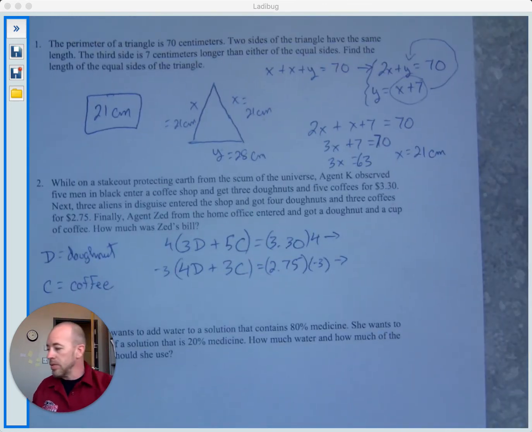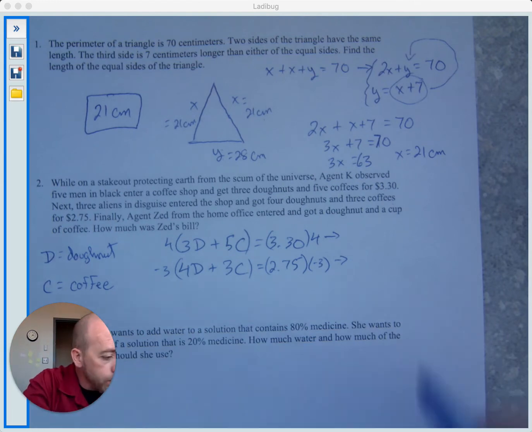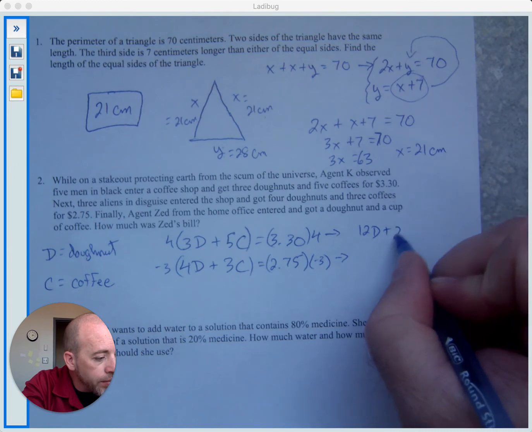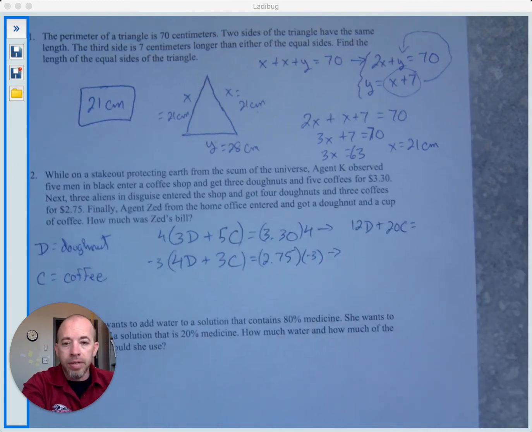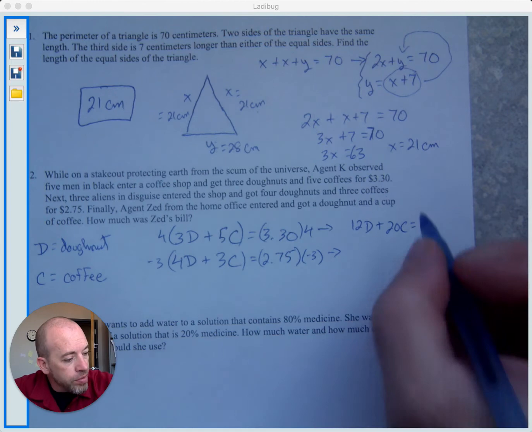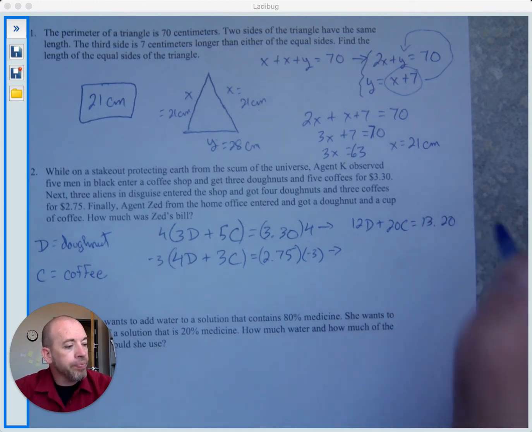Alright, so we have 12D plus 20C and 330 times 4. I want to make sure I get this right, so let's see, 330 times 4, that's $13.20, right?